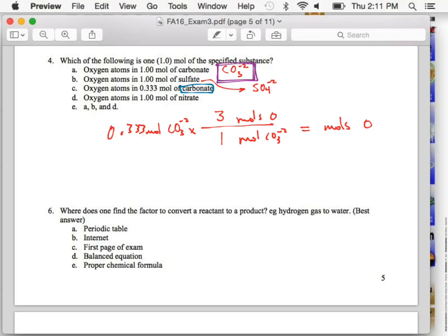Well, 0.999, which takes you to 1 mole with 2 sig figs, so 1. So your answer for that is C.